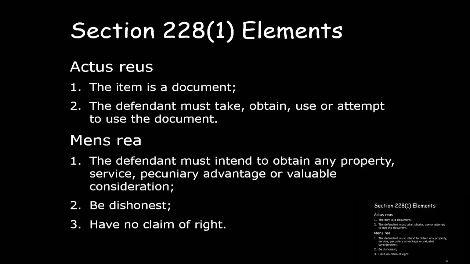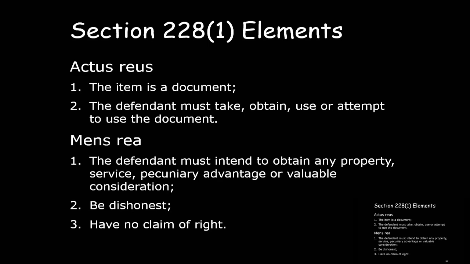The defendant must then take, obtain, use or attempt to use it. And they must intend to obtain some kind of advantage, right? So attempt to obtain some kind of property, service, okay, something that is of value, and they must do so dishonestly and without claim of right.